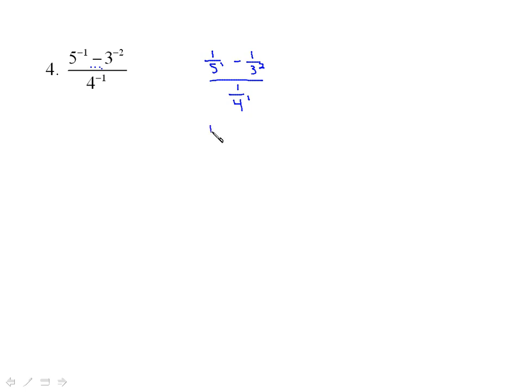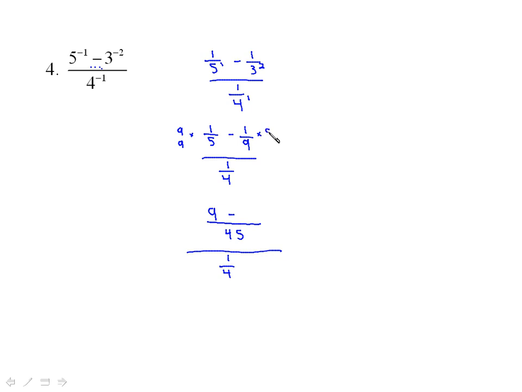You see, this becomes 1/5 minus 1 over 9 all over 1 over 4. And it's a complex fraction. So your only hope is to get a common denominator for that numerator, which you can do because 5 and 9 would have a common denominator of 45. And then you multiply, in this case, by 9 over 9 to get that common denominator, so that becomes 9.